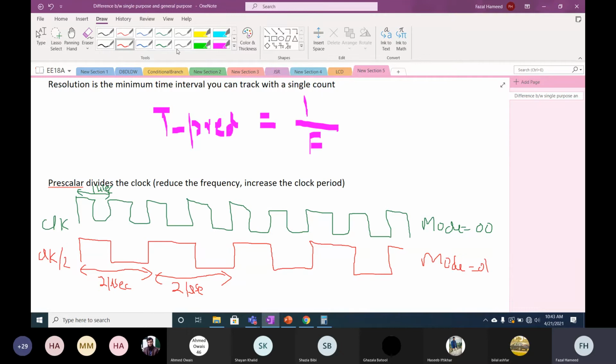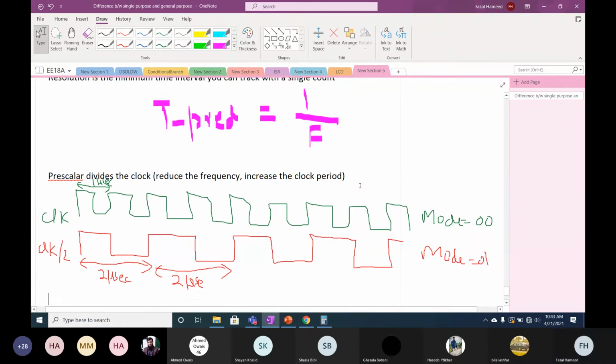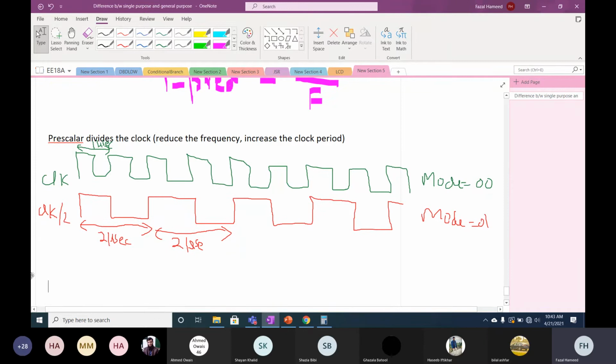Now, moving further, if we want to divide this clock by 4, clock by 4, how will it look? It will look like this.